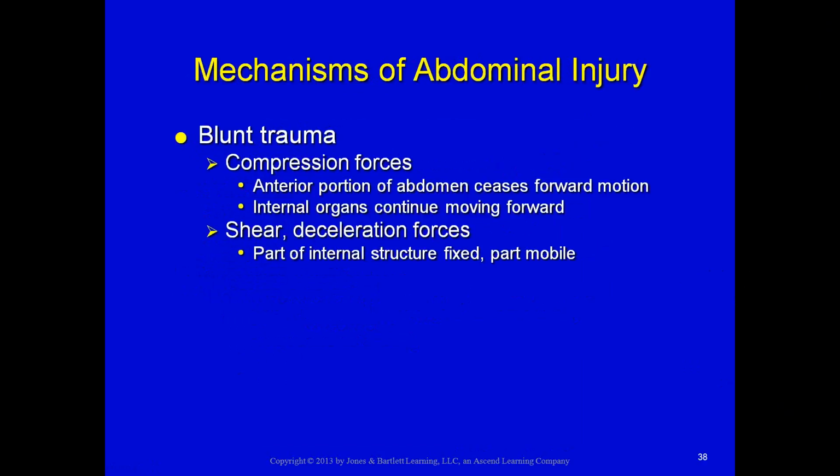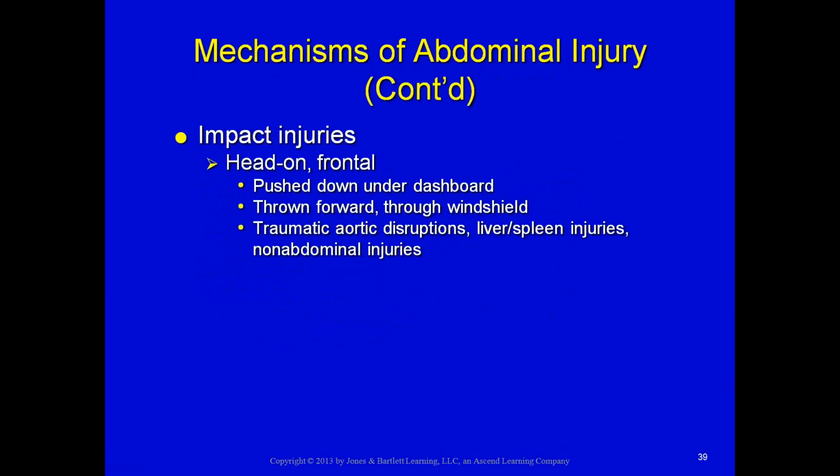And those ligaments literally act as cheese graters, and as the weight of the organ hurls forward, the ligament actually slices those organs open, leading to internal hemorrhage and spilling of contents.